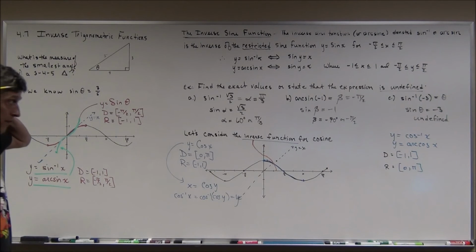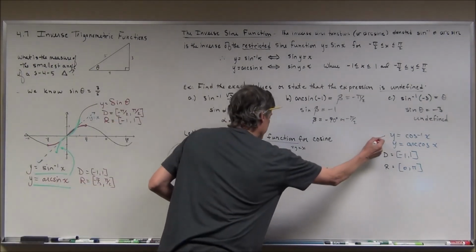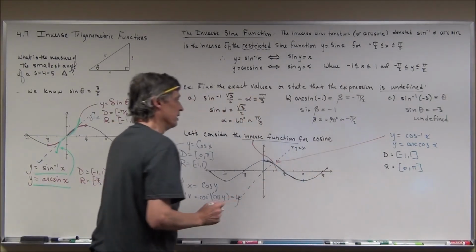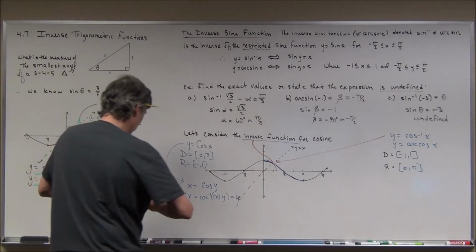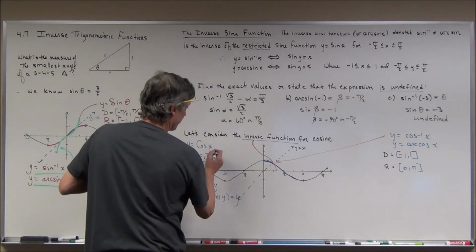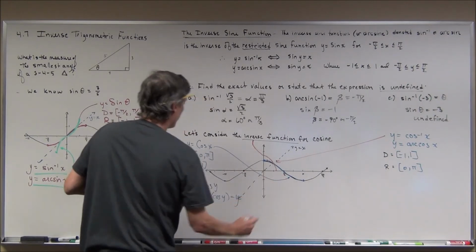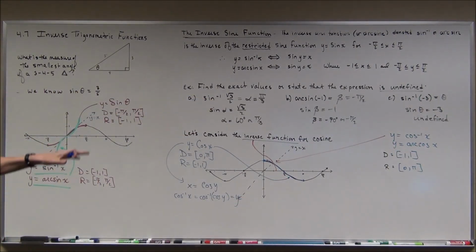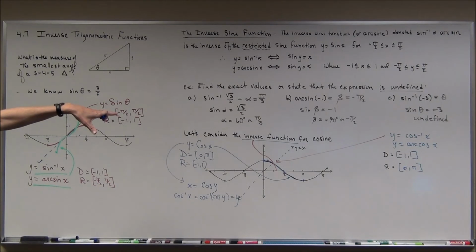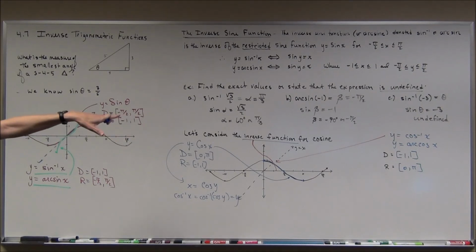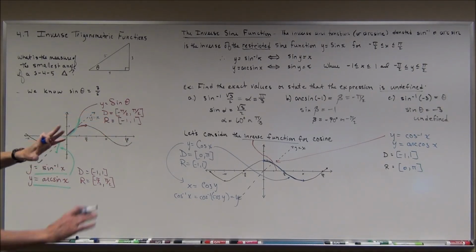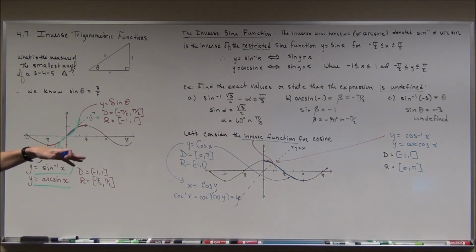That's the graph right there in pink for the inverse cosine, just like the one here in blue is the graph for the restricted domain, y equals cosine x. Now what we're going to need to do is find some exact values using inverse cosine or arc cosine, just like we did with sine. But my board's pretty well filled up. We'll just start with that in the next video.